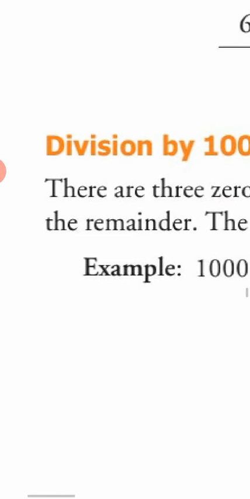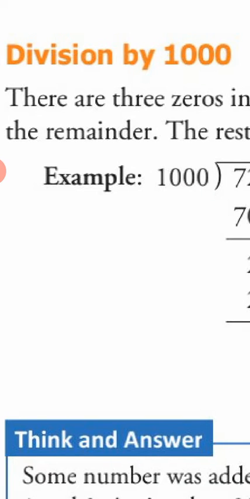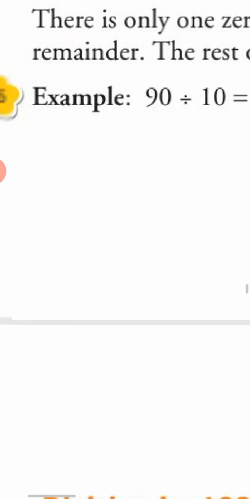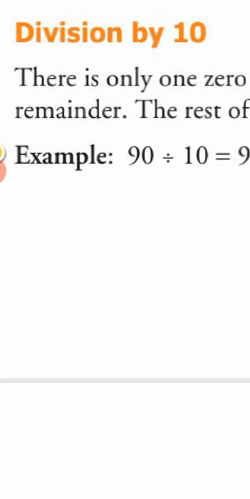Now move towards the next point, and that is division by 1000. Now you can see that we have discussed division with 10 and 100. When you are dividing with 10, you were taking only the ones digit as the remainder, right, and the rest of the digits will be your quotient.